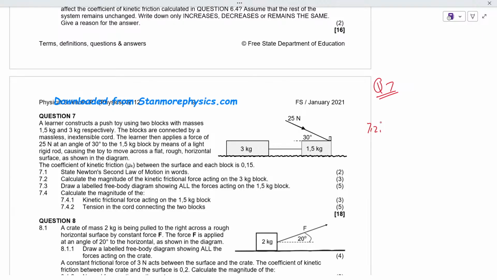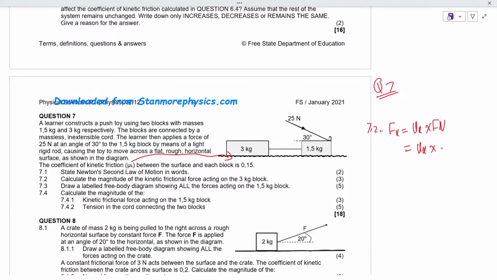So this is our 3 kg block. Kinetic frictional force. Are we given the mu k? Yes, we have it. They say it is the same between each block, because they're on the same surface. So what is the formula for the kinetic frictional force? Fk equals mu k multiplied by the normal force Fn.